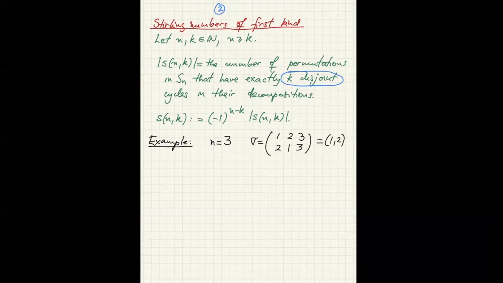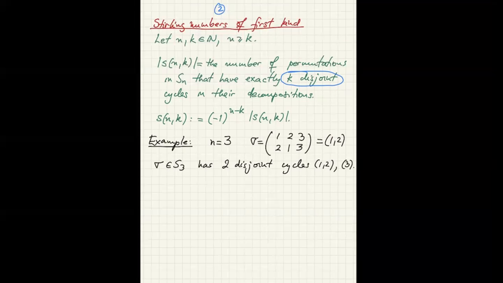But this permutation sigma, a permutation in S3, we will say has exactly two disjoint cycles. Namely, the cycles will be (1 2), and we'll consider 3 by itself as being a cycle.